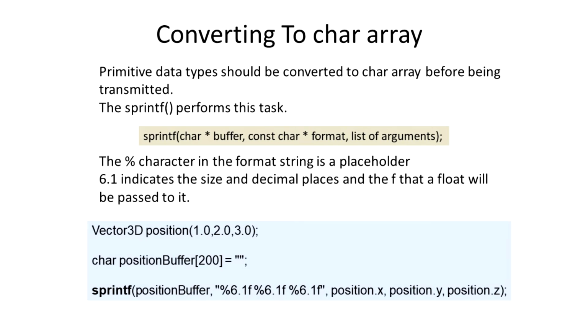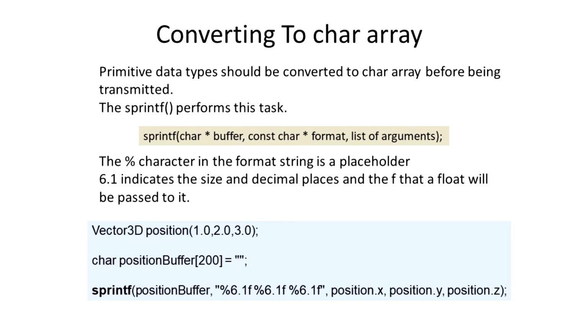So notice here we've created a char array positionBuffer of 200 elements, 0 to 199, and that's going to be the first parameter here. And then we've got a series of formatting, and here, a bit like the printf function, we're going to use some placeholders like we did with printf when we output some messages to the screen. So we're going to substitute our X, Y, and Z values for these placeholders, which we see after the first comma after the positionBuffer. So here we've got a little bit more formatting.